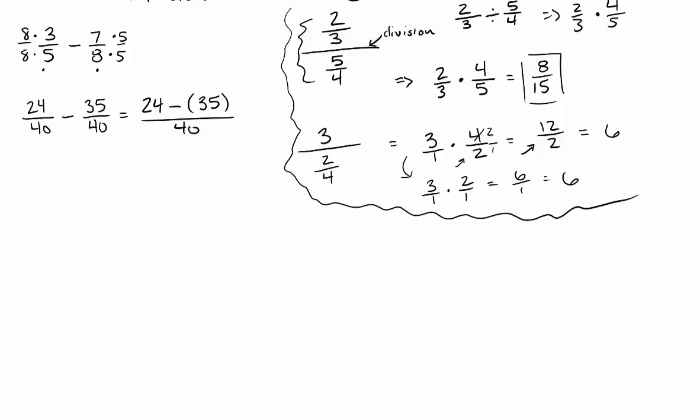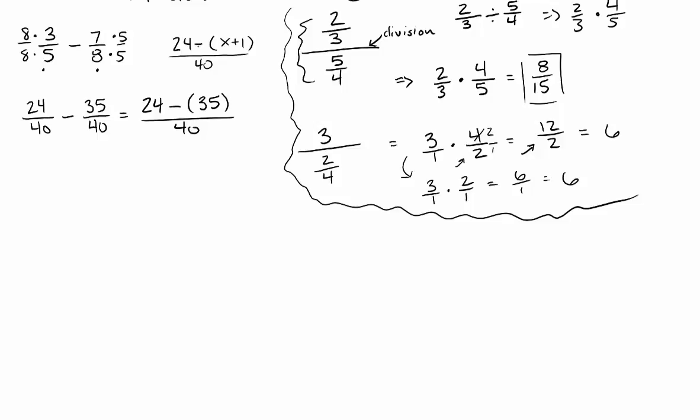But if, for instance, when you get into variables and stuff, if I had something like, instead of 35, let's say it was x plus 1 over 40, right? So now it would look like this, 24 minus x plus 1 all over 40.